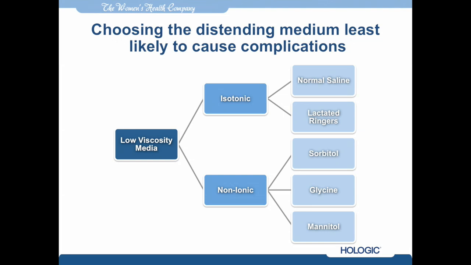The non-ionic solutions, also known as hypotonic solutions, include mannitol, glycine, and sorbitol. Hypotonic solutions are normally used when monopolar cautery is employed. The isotonic solutions, normal saline and lactated ringers, are typically used with bipolar energy.